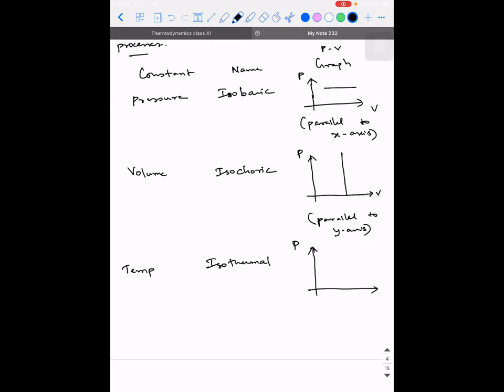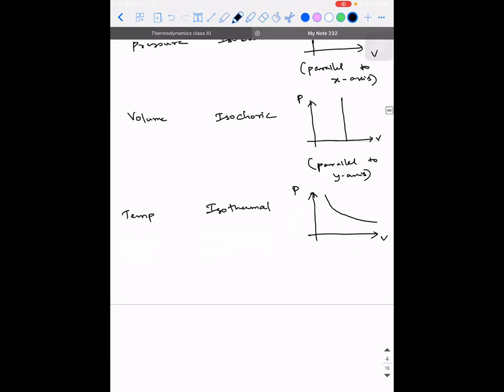For an isothermal process, the graph will be like this. Next is heat is constant, meaning no exchange of heat is taking place. What do we call this? This I have already told.